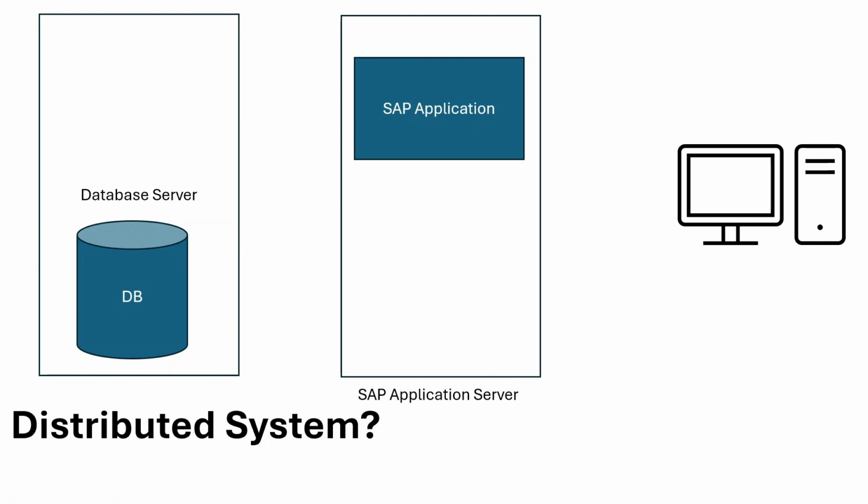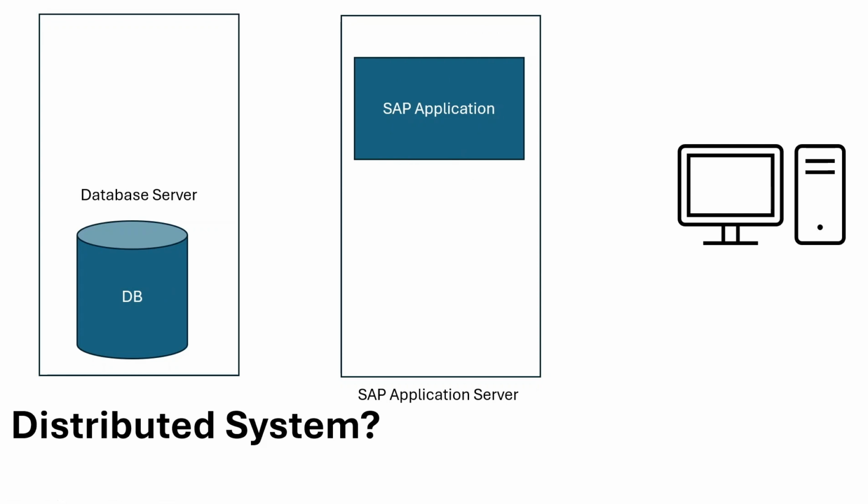The answer is no. When you talk about distributed system, it does not refer to the database, and it does not mean the relation between database and application. Here database and application are on separate servers, but it is still called a standalone system.